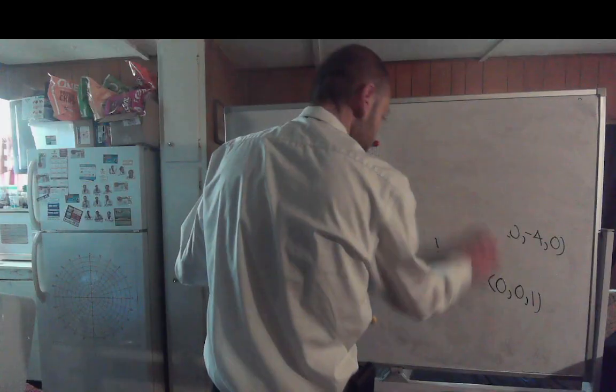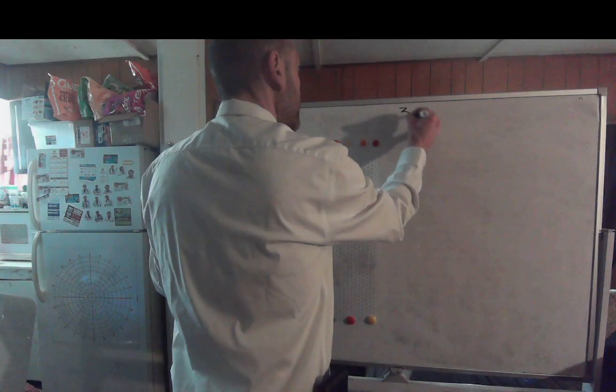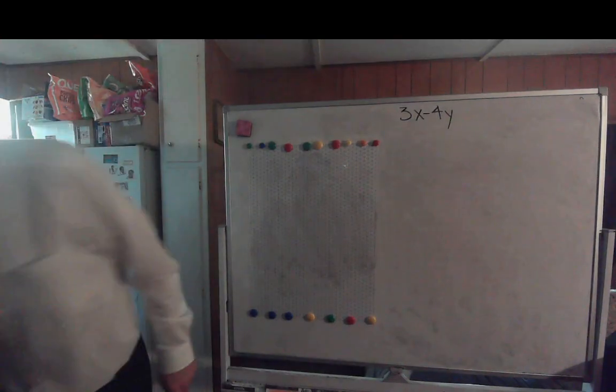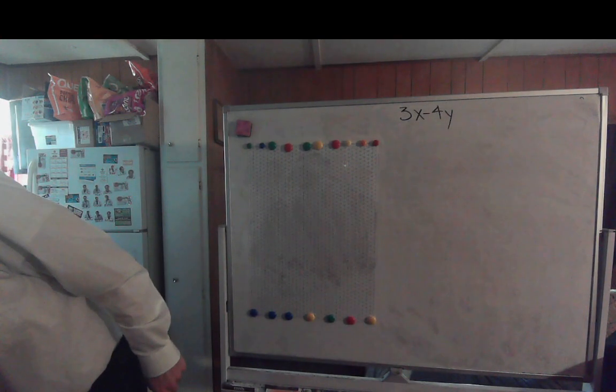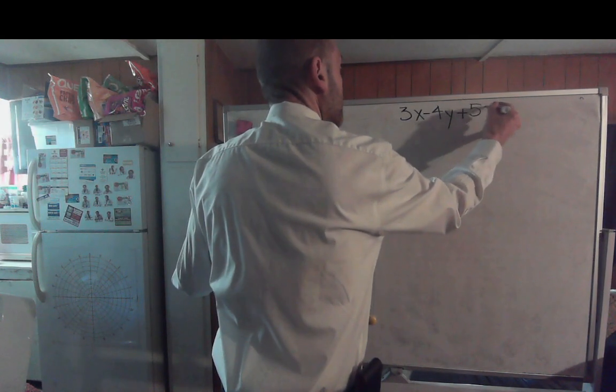And it involves the use of system of equations. That's exactly what it does. So let's just say, for example, you have 3x minus 4y plus 5z equals 6.